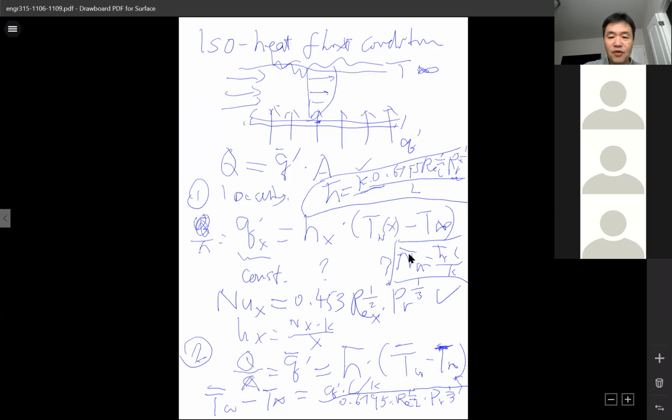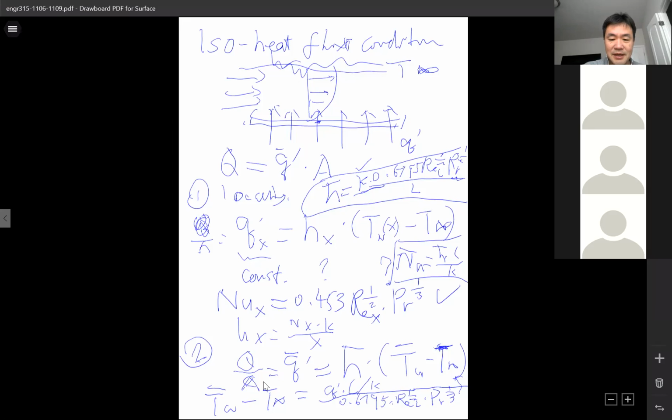Then we have an overall heat transfer coefficient, overall Nusselt number, to calculate the overall heat transfer rate Q. Also the average: if you divide it by area, it becomes the average heat flux. It's an iso heat flux condition, so it will be the same as the Q prime initial input, the heat flux.